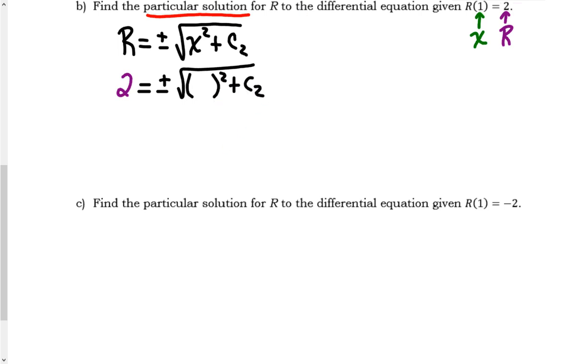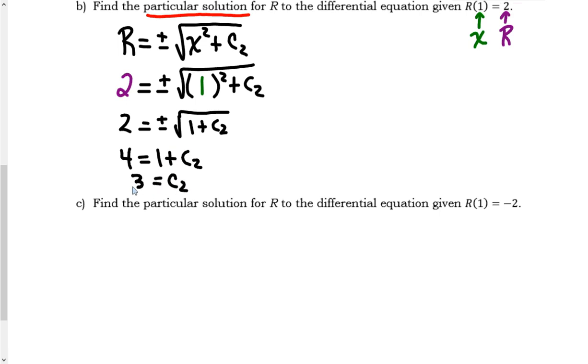My x is a 1. So to work this out, now I have 2 is plus or minus square root of 1 plus c2. So to solve for c2, I need to square both sides. And when I square both sides, I get this. And that tells me that c2 is 3.